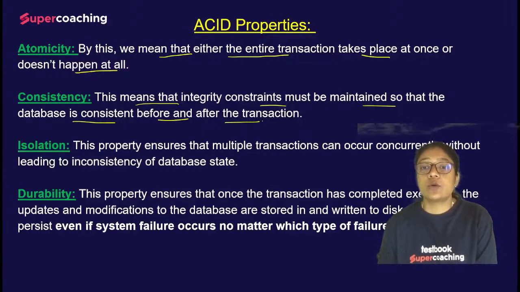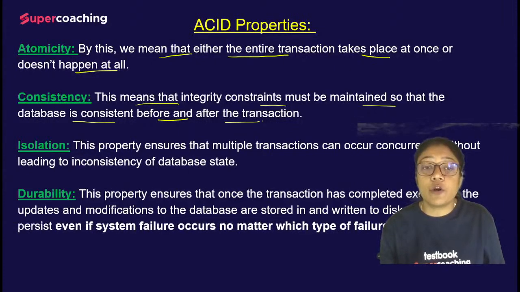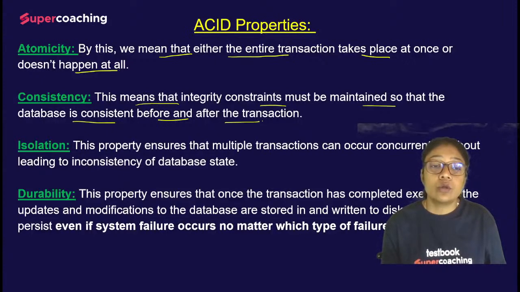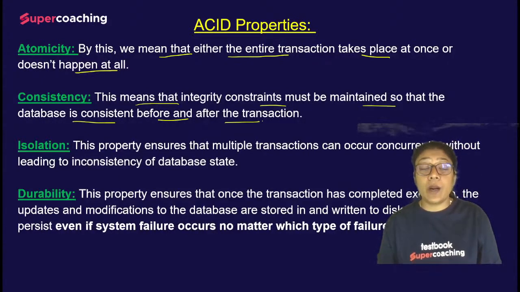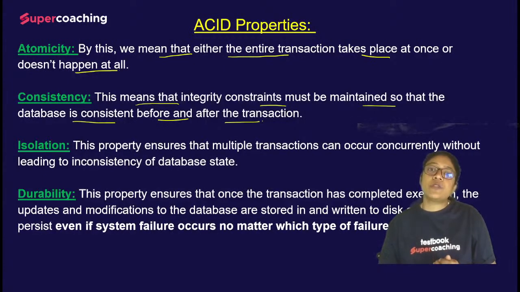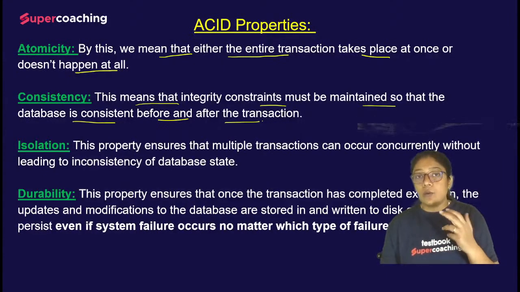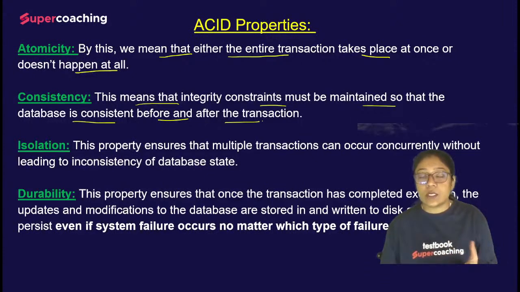Next one is isolation. This actually comes into the picture when we have the concurrent schedule. Concurrent, we have just discussed the term. That means before the completion of one transaction, another transaction has also started its execution. So that is concurrent transaction. But the advantage of serial transaction is we always get the correct result because there is no interference from any other transaction.